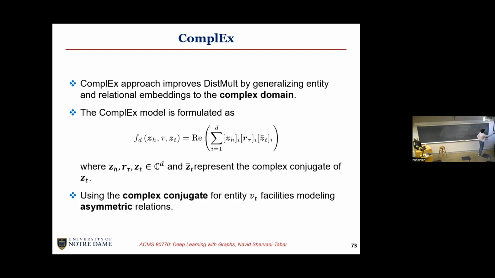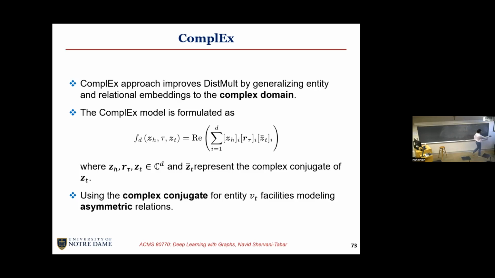We still are using essentially a sum of element-wise product of these three embeddings, with three differences. First of all, we are using a conjugate of the tail embedding. Conjugate meaning that in the complex number, the real part is the same. The imaginary part is going to be multiplied by a -1.